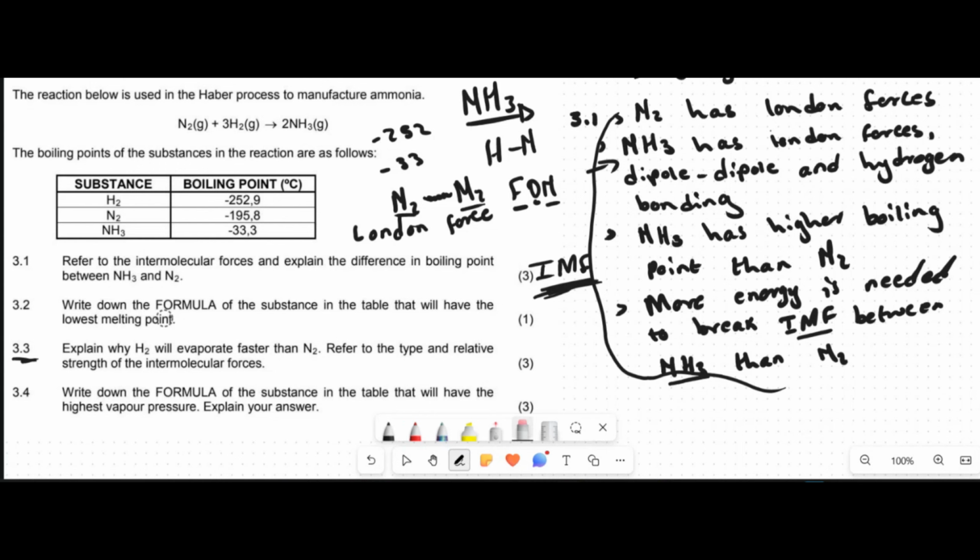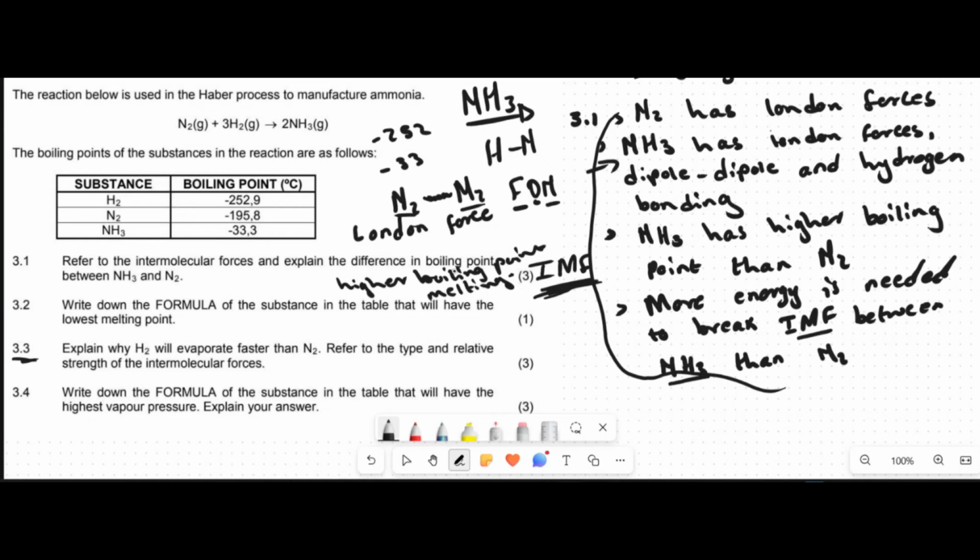Remember, if a substance has a higher boiling point, it also has a higher melting point. So if it has a lower boiling point, it has a lower melting point, and so on. So now, which substance has the lowest melting point?